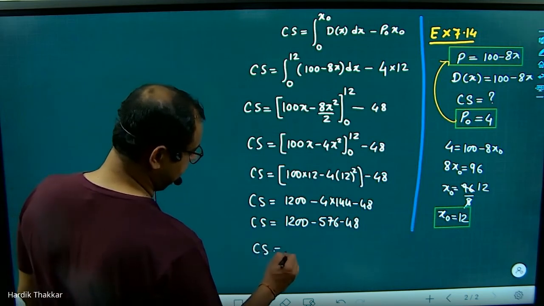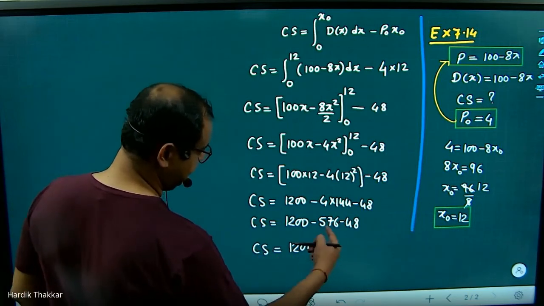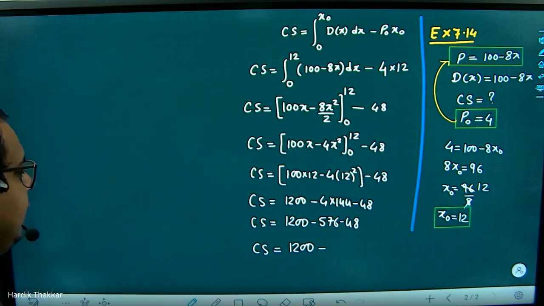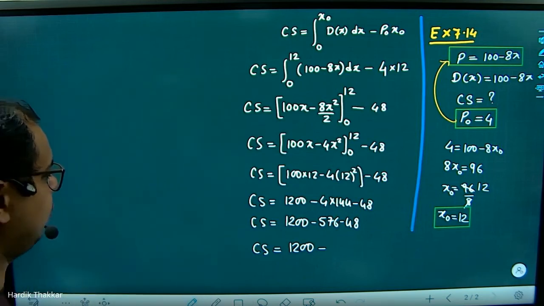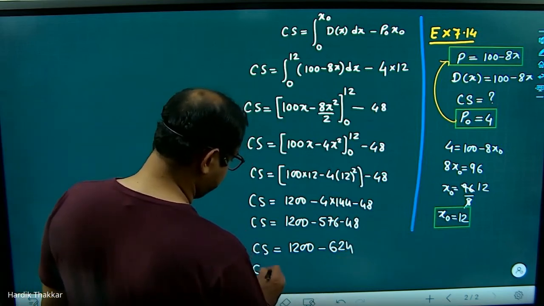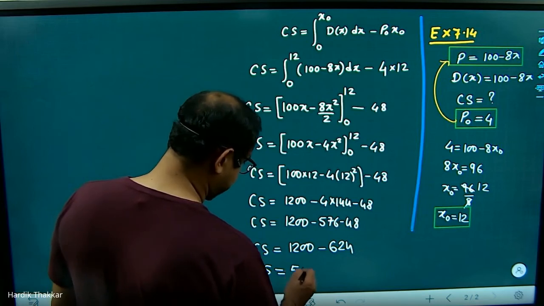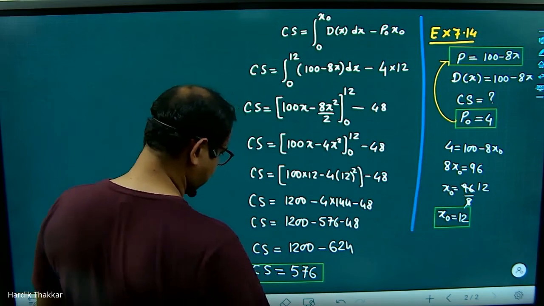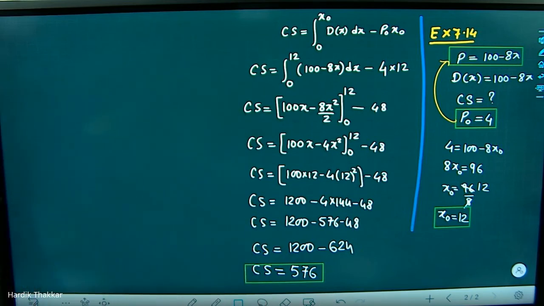Further, CS will be 1200 minus the addition of these two, which comes to 624, I think. And CS will be equal to 576. So we have to write CS is equal to 576, with whatever unit we have to write here.